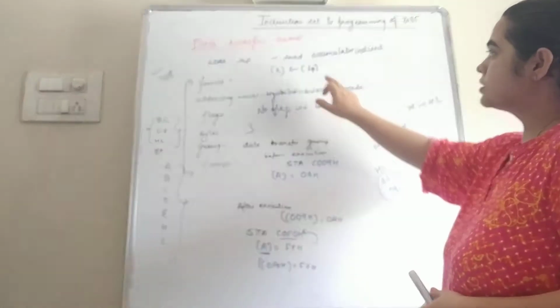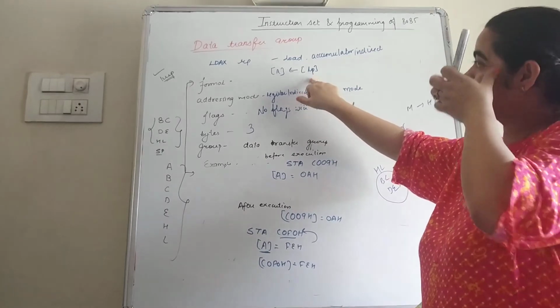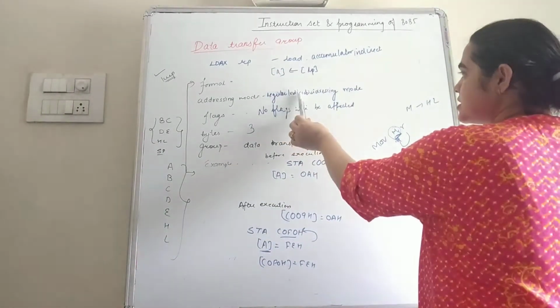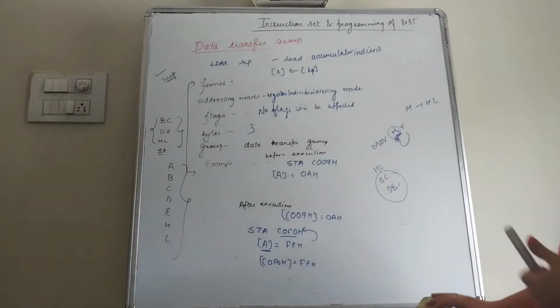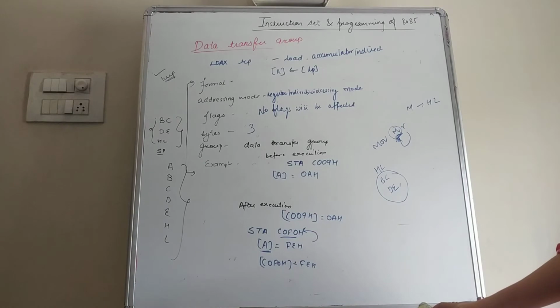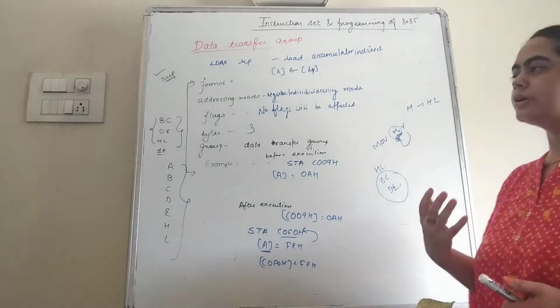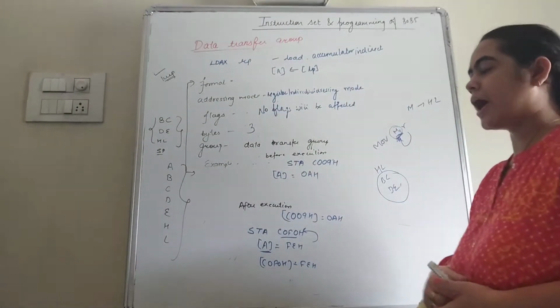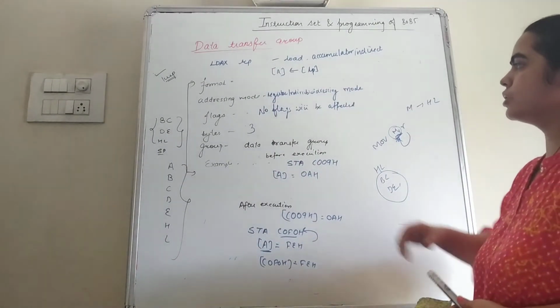Now students, here the contents of the memory location will be loaded into the accumulator, and the addressing mode is register indirect because the address is not given or specified in the instruction. Initially we have to retrieve the address that is stored in the register pair, and then move the contents into the accumulator.